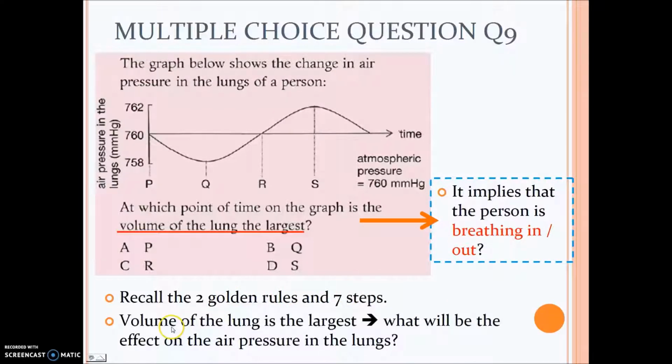The hint is that the volume of the lungs is the largest. So what will be the effect on the air pressure in the lungs? The volume becomes larger, so what will be the pressure in your lungs? You should be able to point that out.